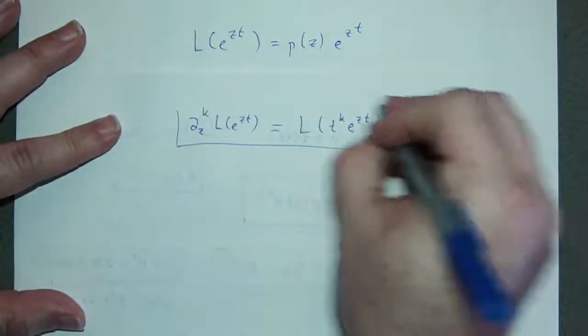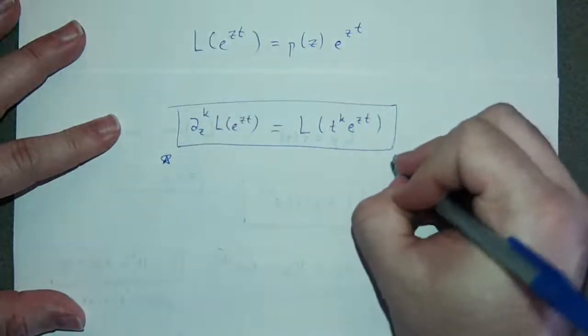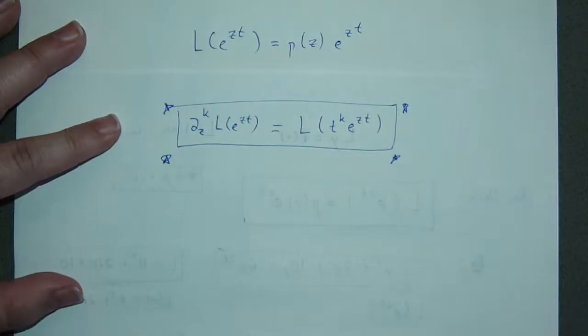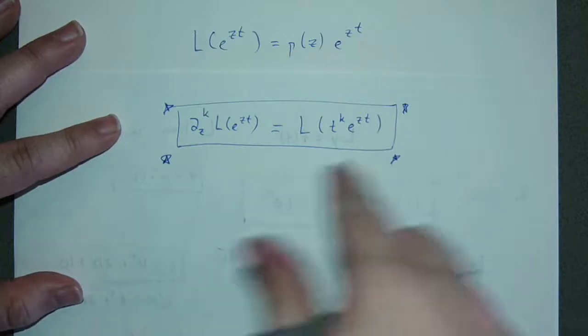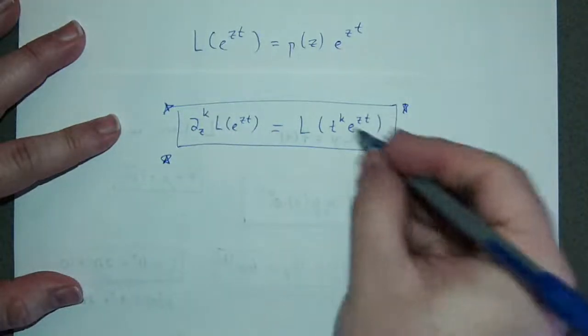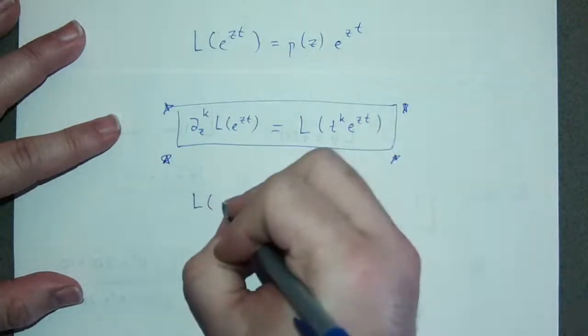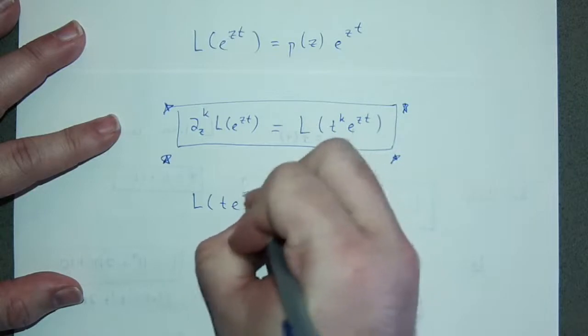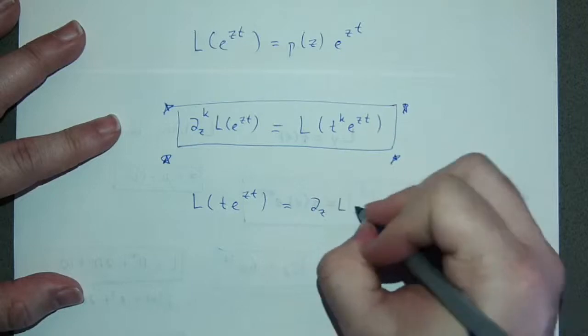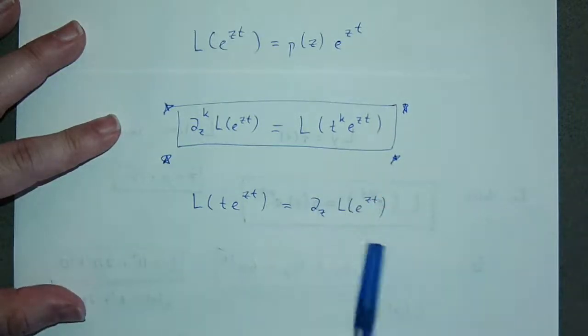This is a very important fact, but how does this work? Well, let's let k be equal to 1, for instance. So what about L of t e to the zt? According to this, it should be equal to the first derivative with respect to z of L e to the zt. But L e to the zt is p of z e to the zt.